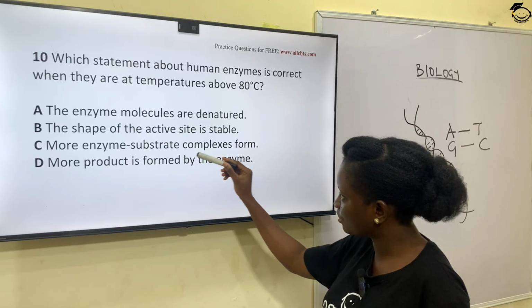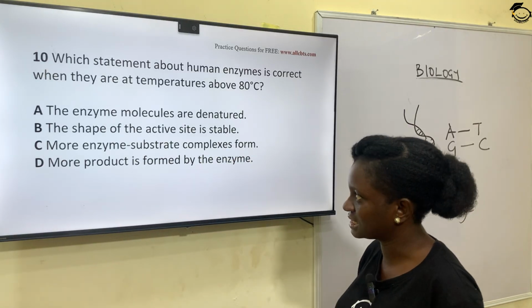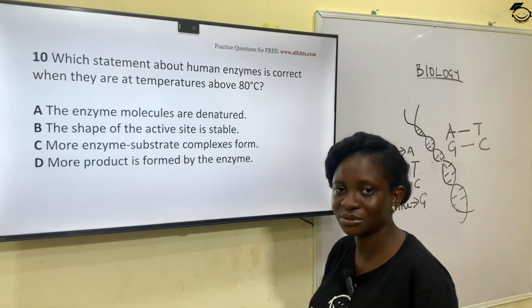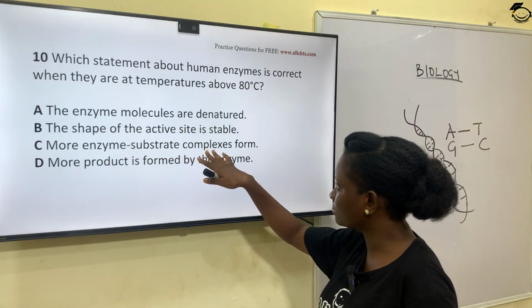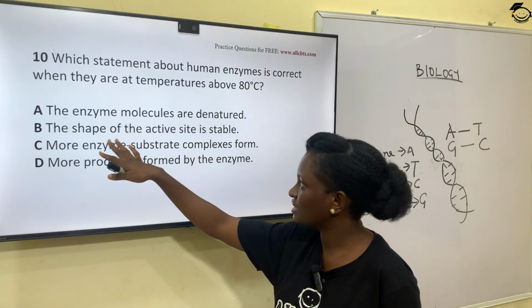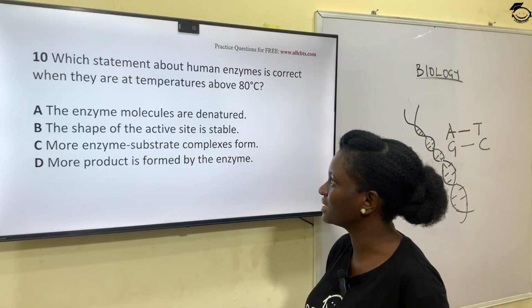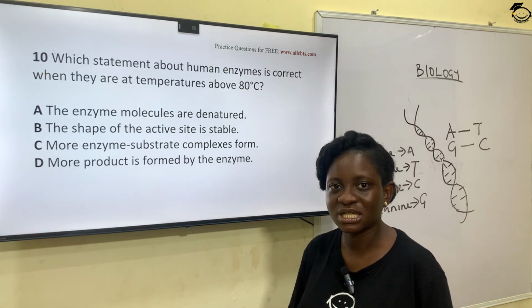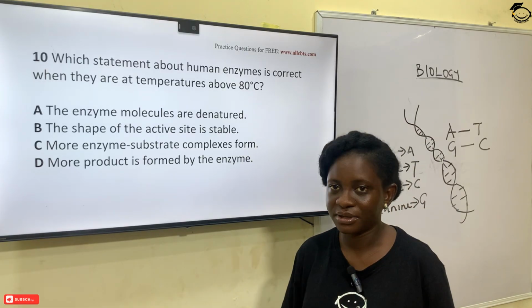C, more enzyme substrate complexes form. D, more product is formed by the enzyme. So if the enzyme is altered, no product will be formed, no enzyme substrate complex formed, and the shape of the active site is not stable. So the only correct answer is that the enzyme molecules are denatured when subjected to a very high temperature. Option A is the correct answer.